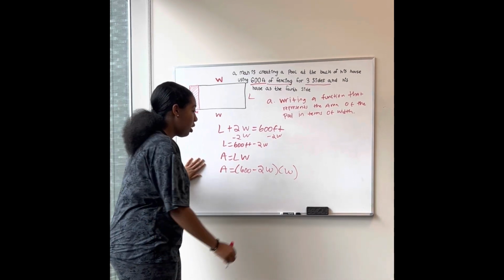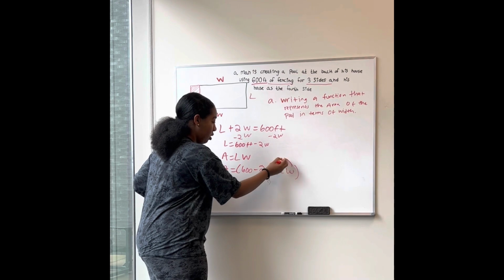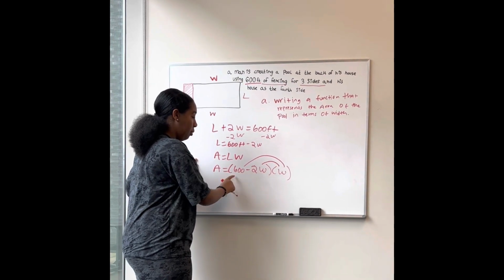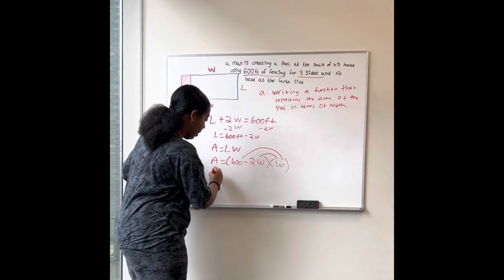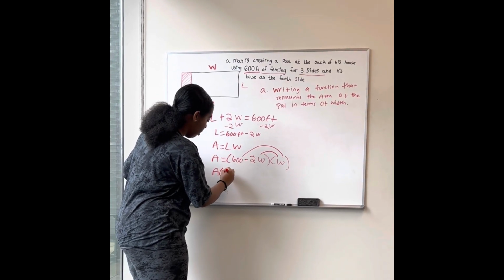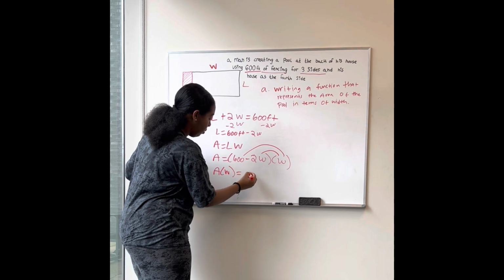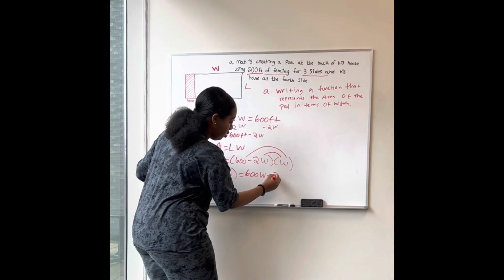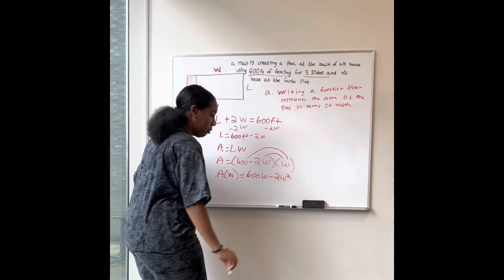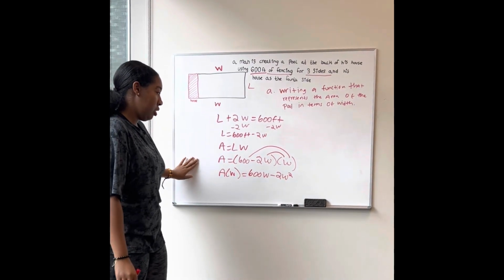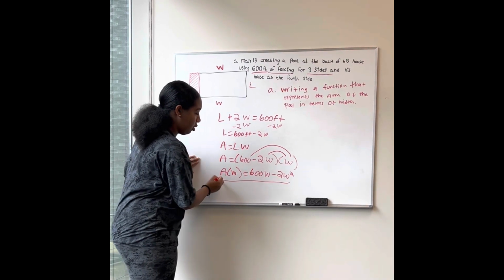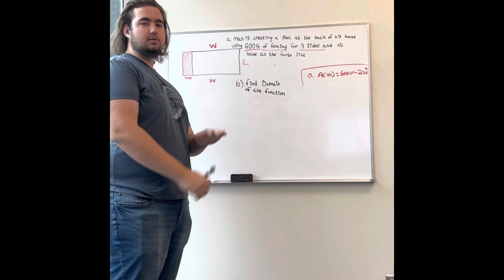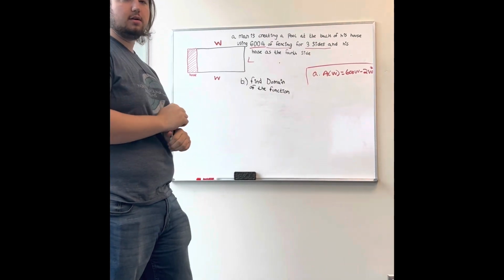And we multiply and FOIL the W times negative 2W and the W times 600. So it would become A equals 600W minus 2W squared. This is your function.